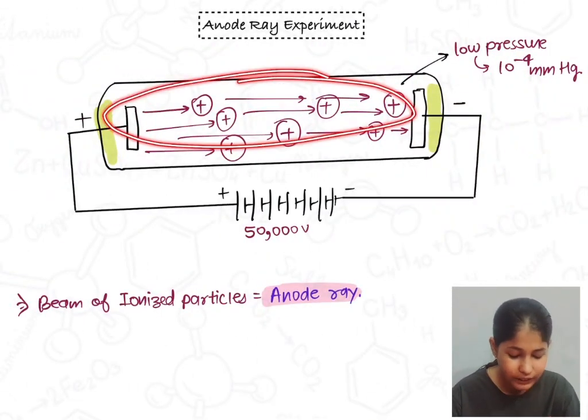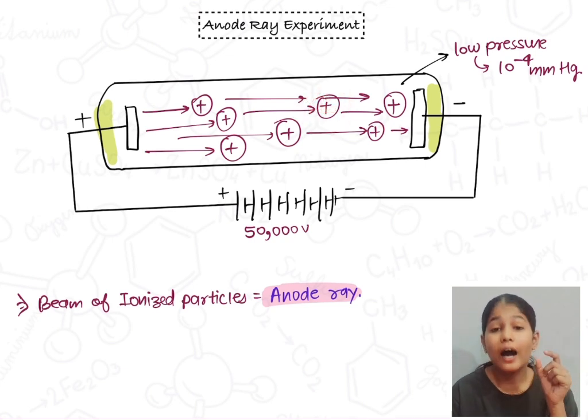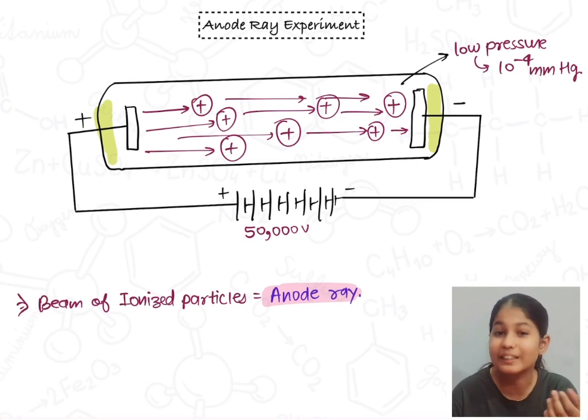So the gas which is present inside the hollow tube, these ionized particles are totally dependent upon what type of gas is present in them.